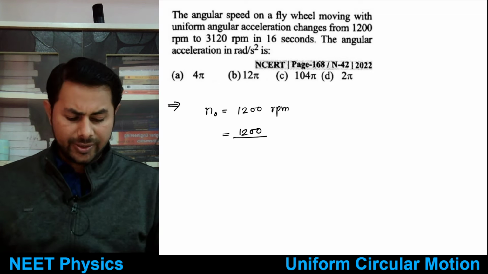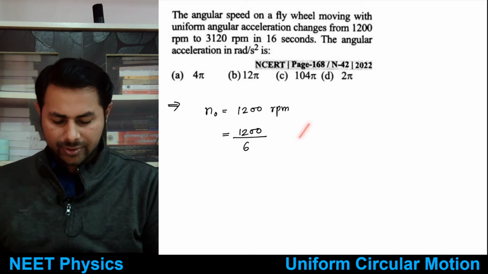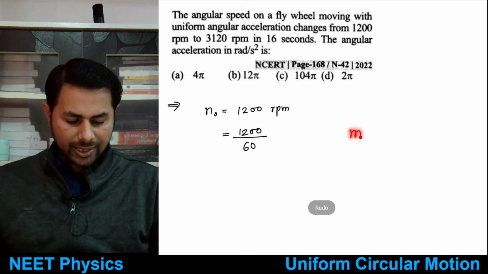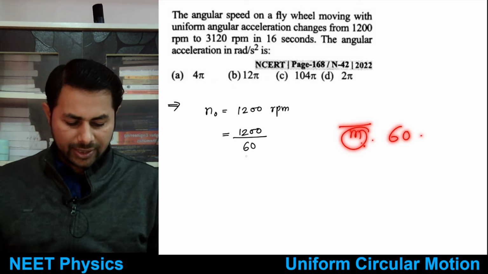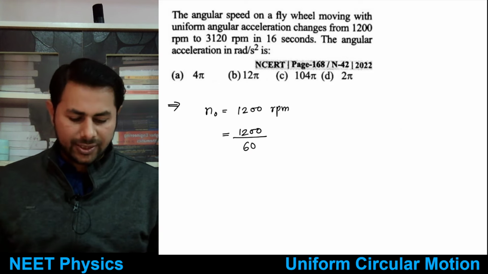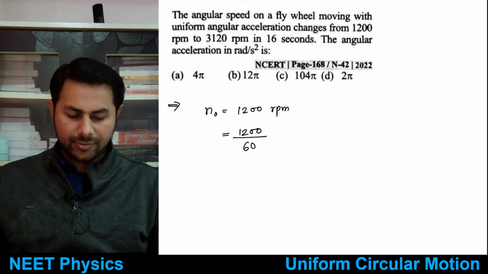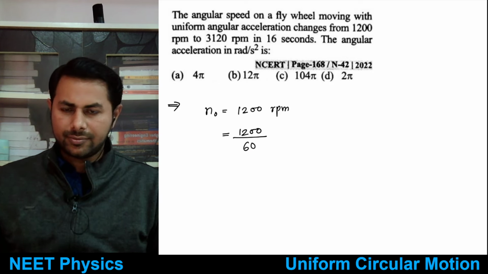Divide by 60. You have revolutions per minute and I want to change it to second. So 1 minute is 60 seconds. That's why I am dividing by 60. Yes, no, this is clear?